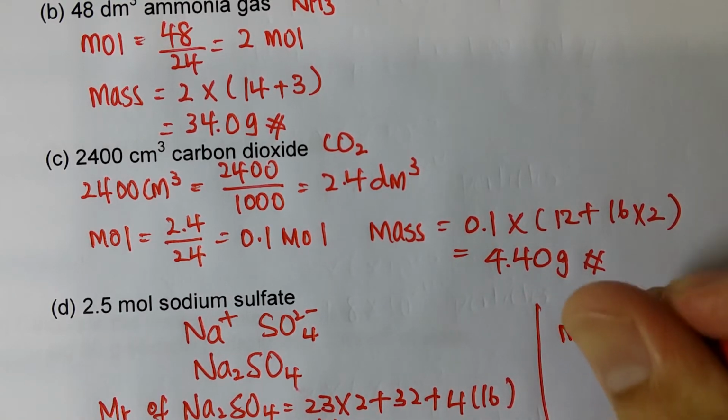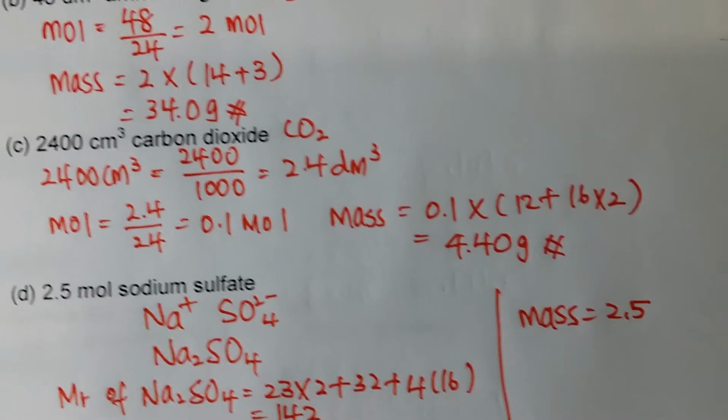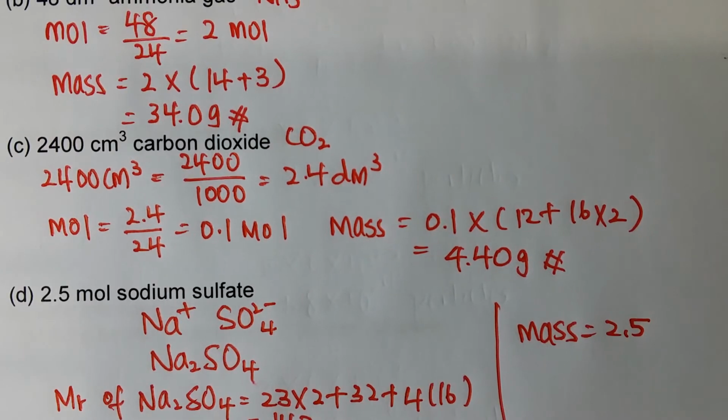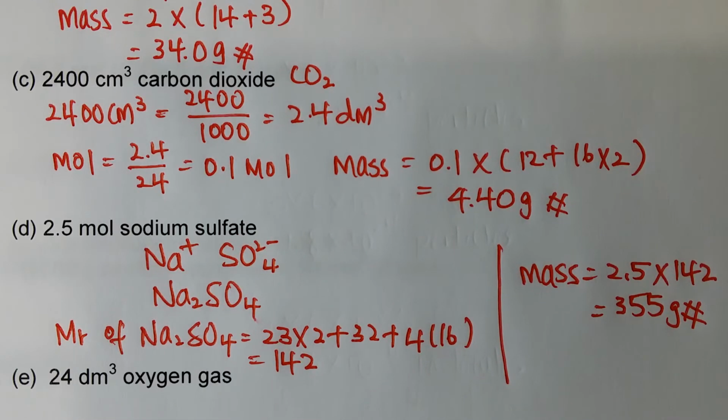Then the mass is the mole, 2.5 times 142, which is 355 gram. That will be for D.